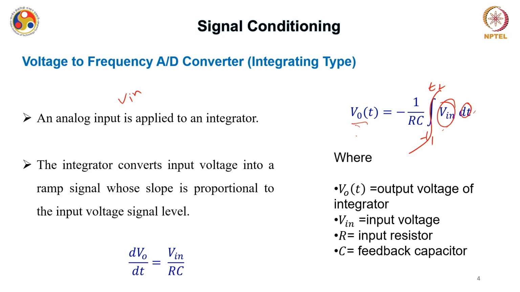So V naught of t is equal to minus 1 by RC integration of V in dt.